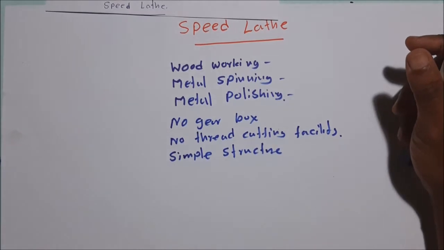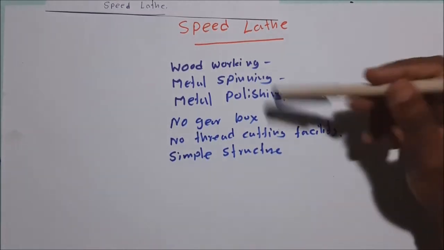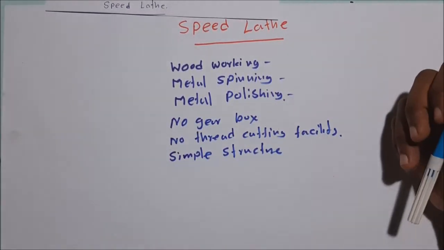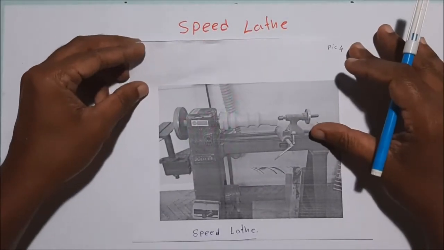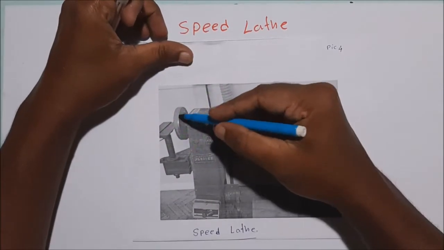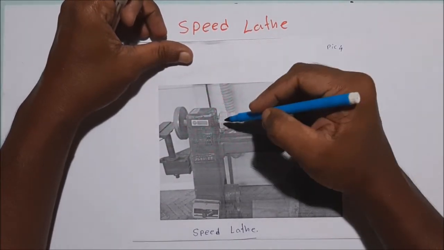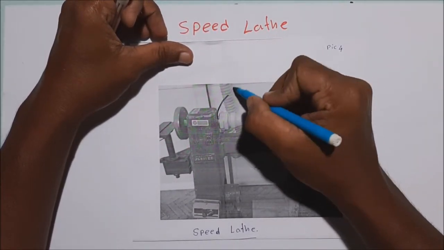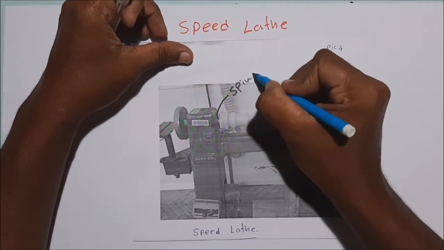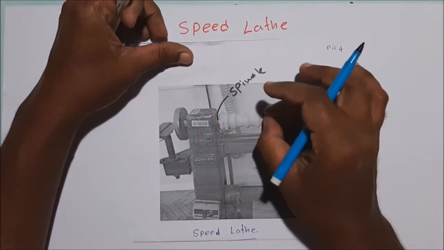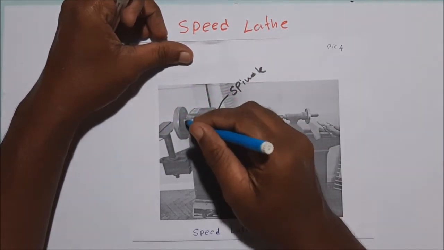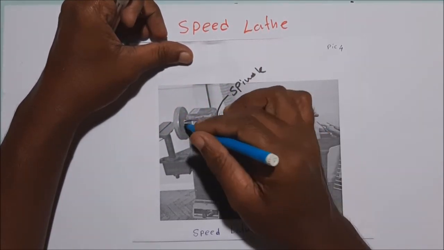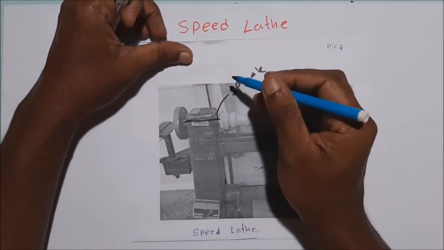No gearbox means the motor is directly coupled to the spindle. Here you can see the belt drive system. This is the spindle, where the work holding device is mounted. You can see the spindle shaft is directly coupled to the pulley system.